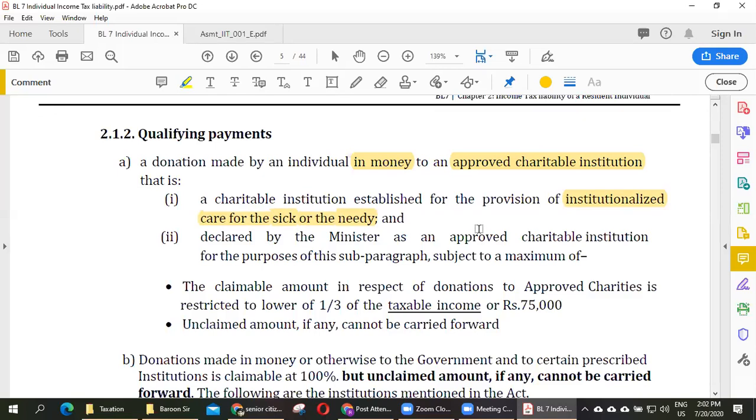HelpAge is an institute which provides services to parents who are often like orphans. They are not really orphans, but it's like that, so nobody is there to take care of them. That kind of people can go to that institute, take rest and do their activities.